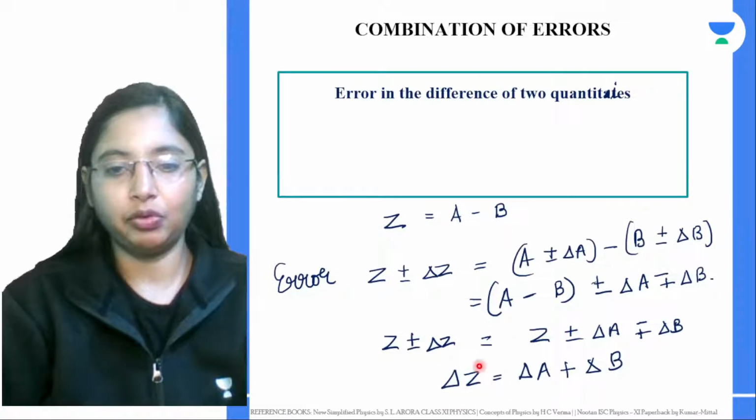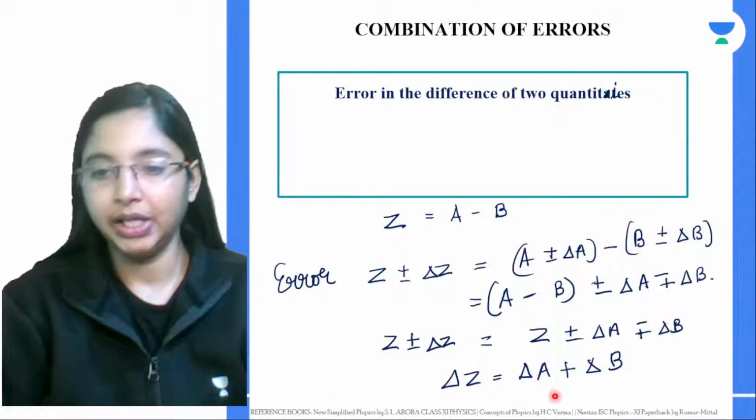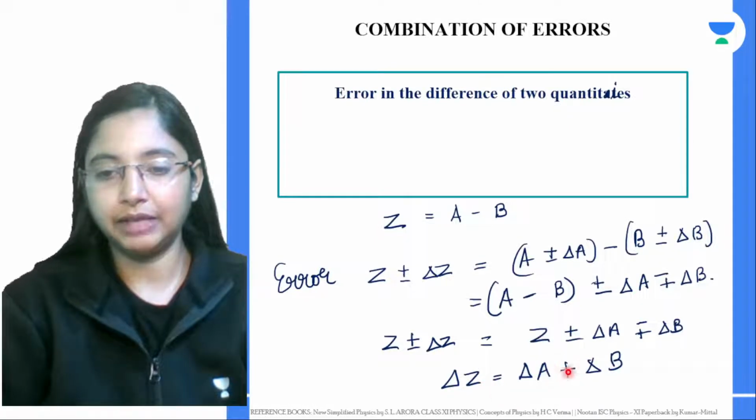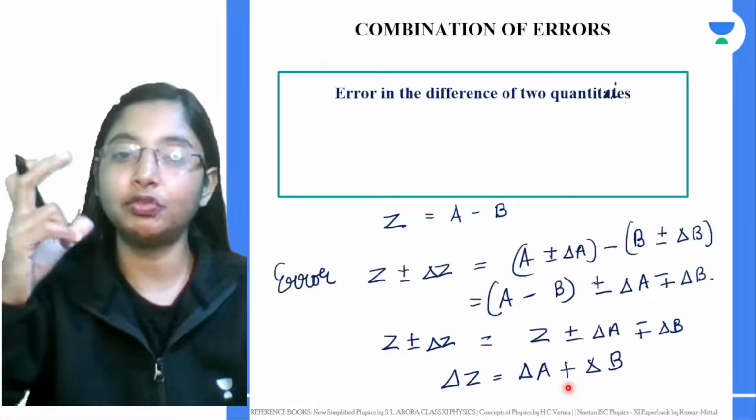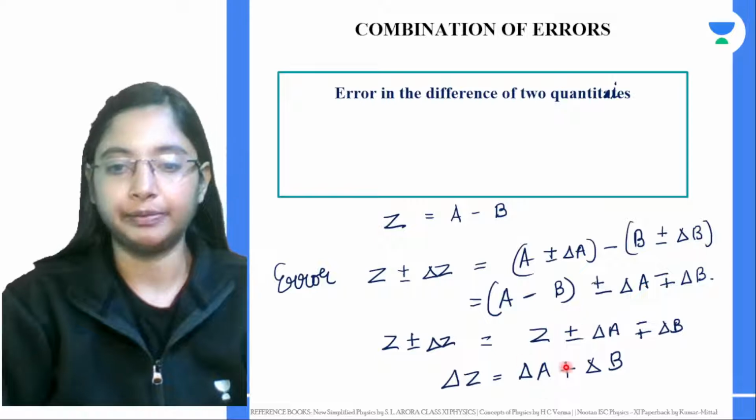If you want delta Z to be maximum, then you can't have a negative sign in this case of difference. You can only have a positive sign, because here we are trying to see combinations of errors, the maximum possible error.